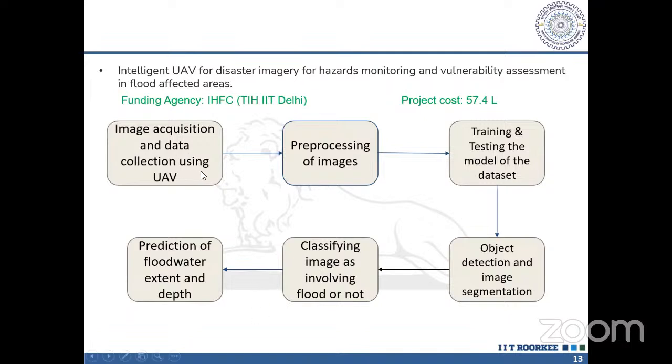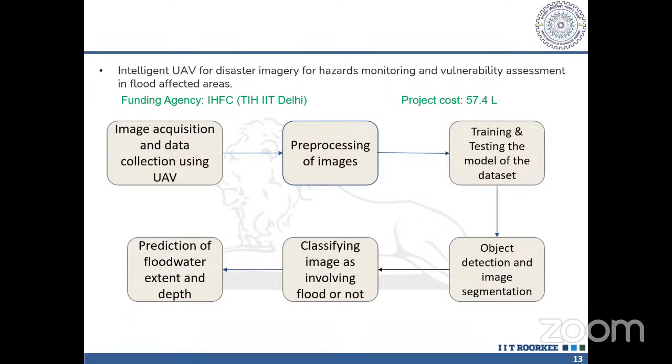First we collect the images and pass them through the processing of images, and do some training and testing of the model on the data set through that CNN or Mask R-CNN process, and then detect the object and perform image segmentation. For object detection, the YOLO algorithm is generally preferred.